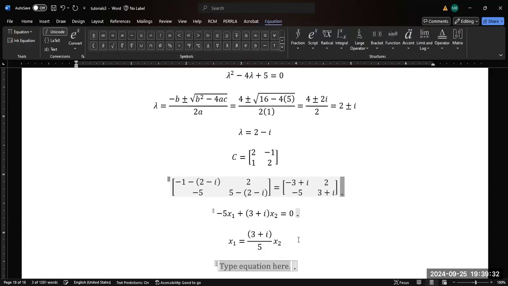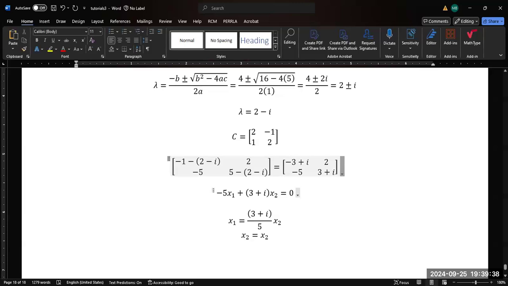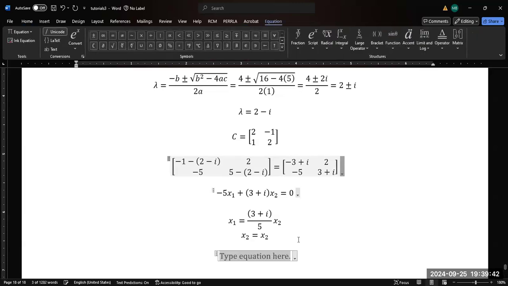And then my second equation will be x2 is equal to itself because it's in the null space. And so v is going to be equal to, and I'll let x2 be 5, so the numerator is 3 plus i, and then the 5 will cancel out the denominator.